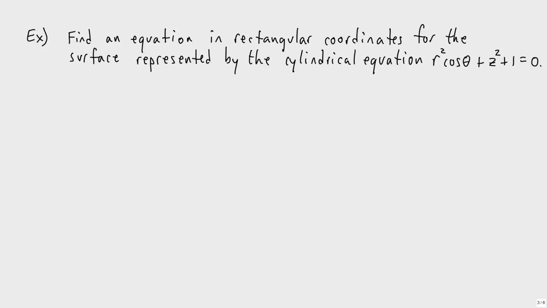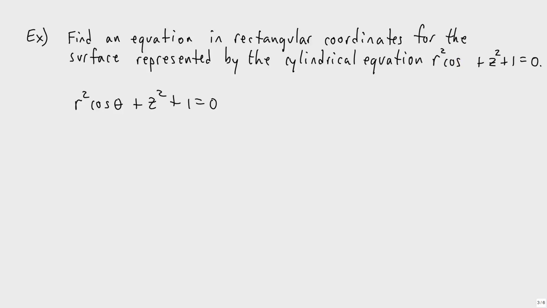Okay, so what if we have a cylindrical equation and we want to switch it to rectangular? So we want to go the other direction. So we've got r squared cosine theta plus z squared plus 1 equals 0. Actually, let's change this.